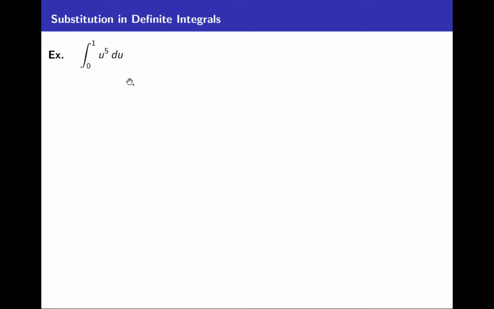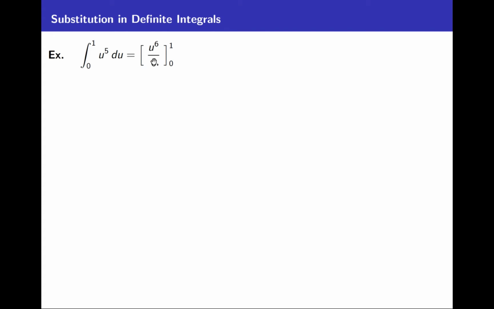Now, if you think about the fundamental theorem of calculus, what you'd be looking for in this one is an antiderivative of u to the 5th, and you'd evaluate from 0 to 1. So this problem really comes down to finding an integral of u to the 5th. And that's easy because we have the power rule for integration.